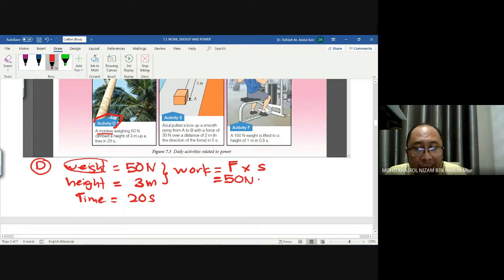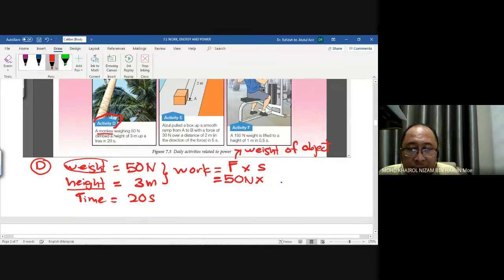Force we can take from the weight of any object that moves. Easy to understand. So force is the weight of the object that moves, times S, the displacement, which is based on the height.